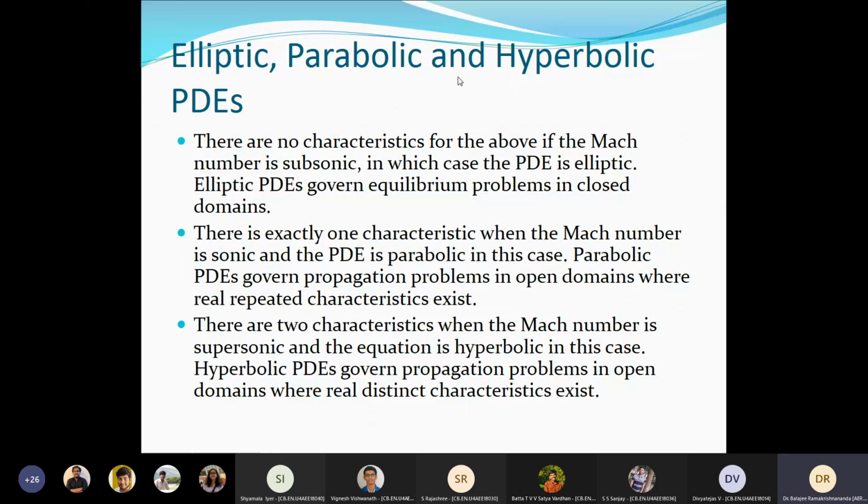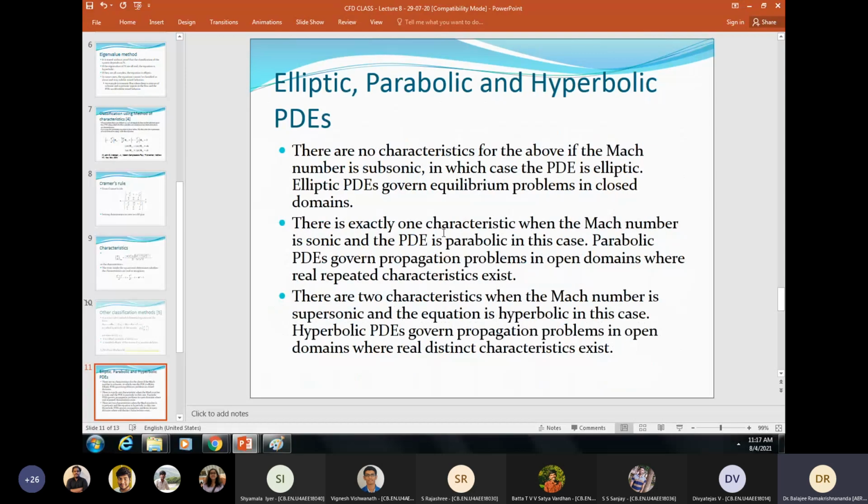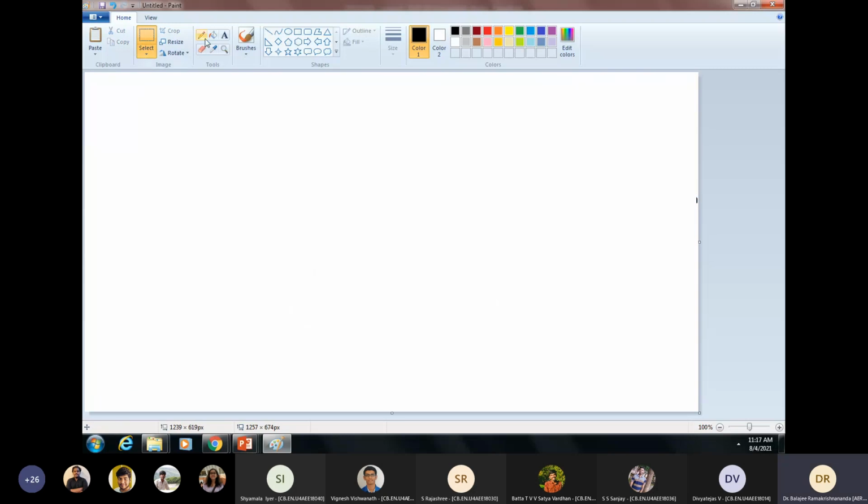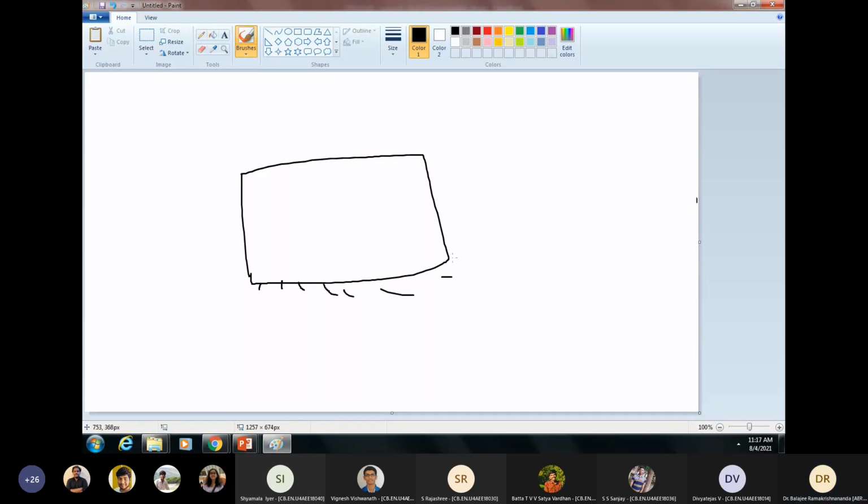Or if you have equilibrium problems in closed domains. For example, you have some problem like this. You have some box, a closed domain, all solid wall.